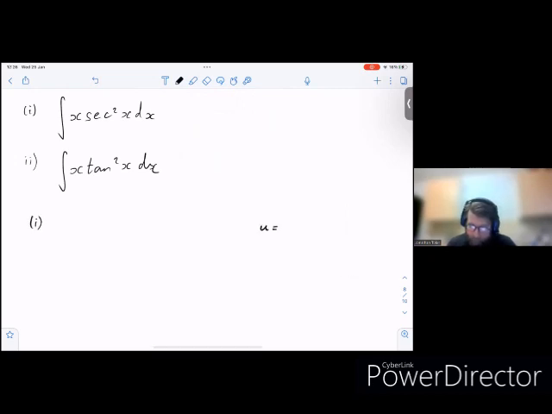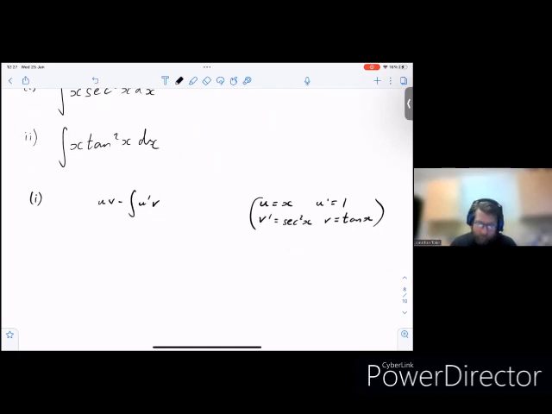u is x, u dash is 1, v dash is sec squared x, so v is tan x. So uv minus the integral of u dash v becomes uv is x tan x minus the integral of u dash v, so that's tan x dx.